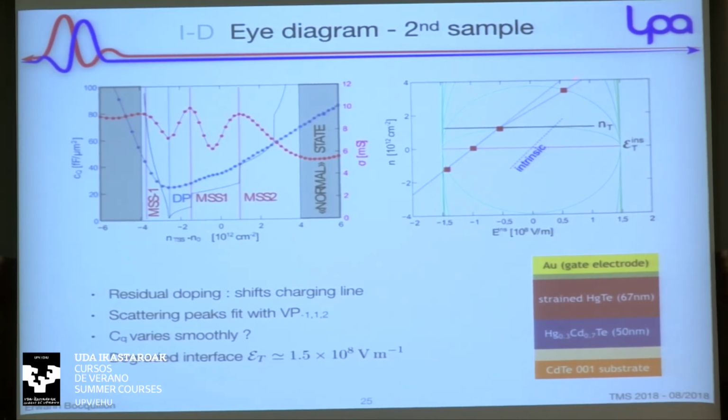Then you will move along these lines, and you will see accidents for different electric fields that you can actually see already directly here in these oscillations of the diffusion constant, or equivalently of the conductance.